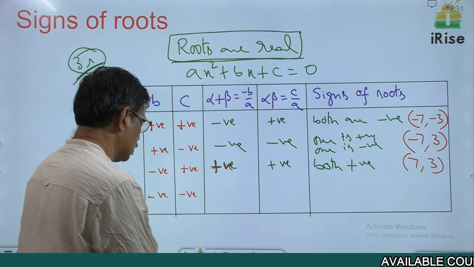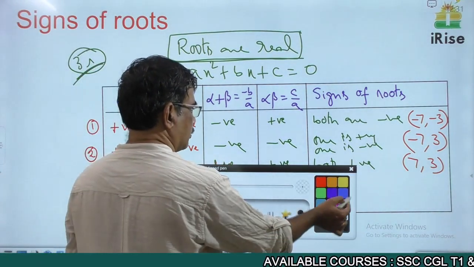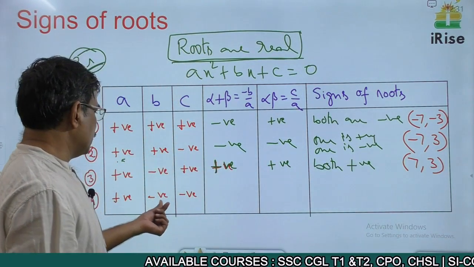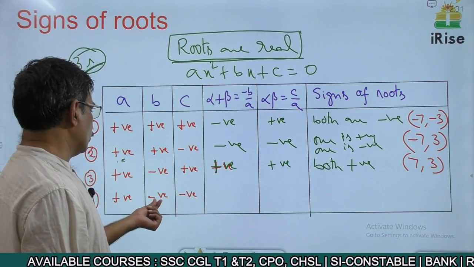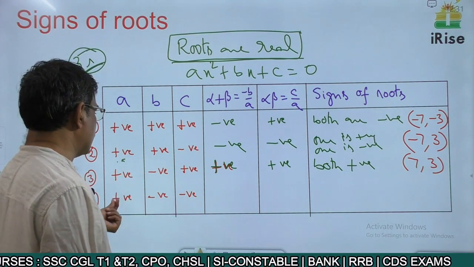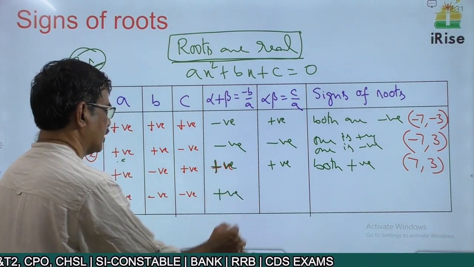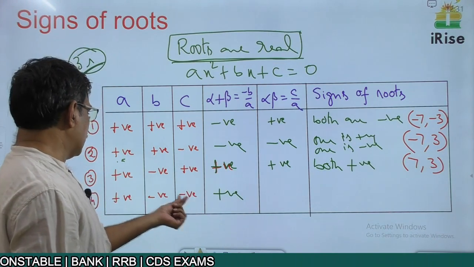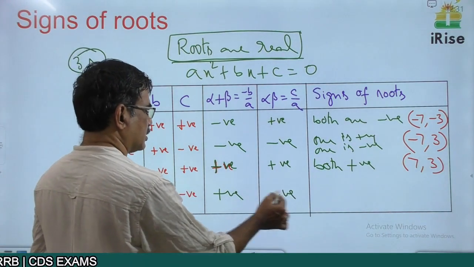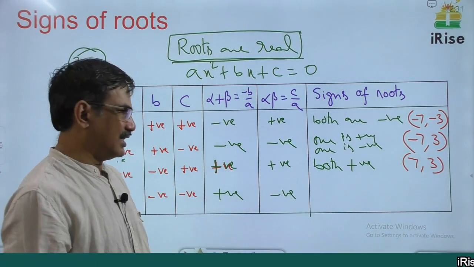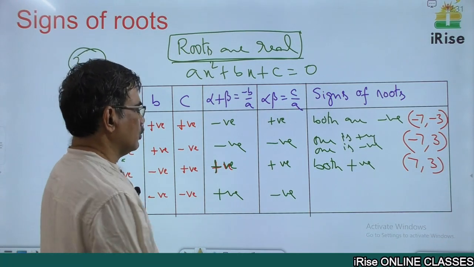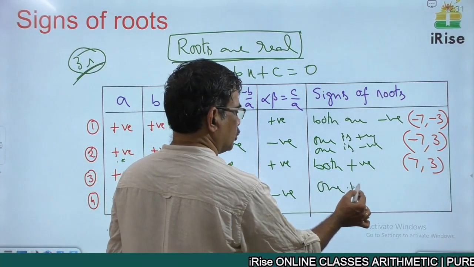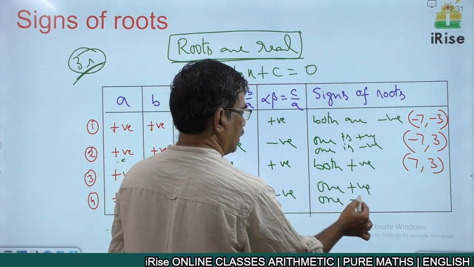And the last one, positive, negative, negative. What is the sum of the roots? Minus of minus by plus, so plus. And product, negative by positive, negative. Sum is positive but product is negative. So we say that there is one positive root and one negative root.